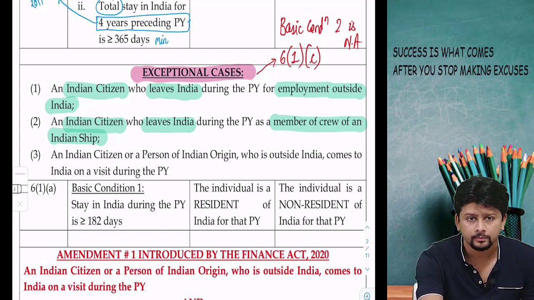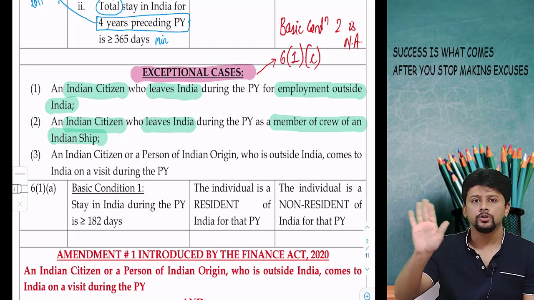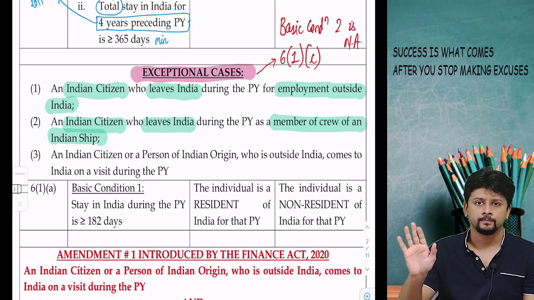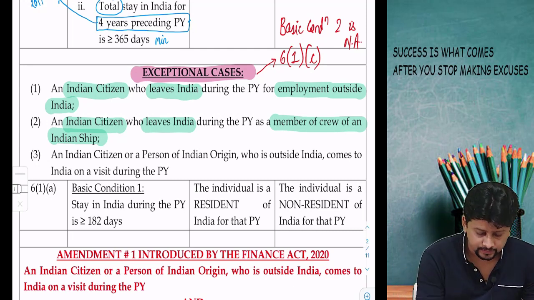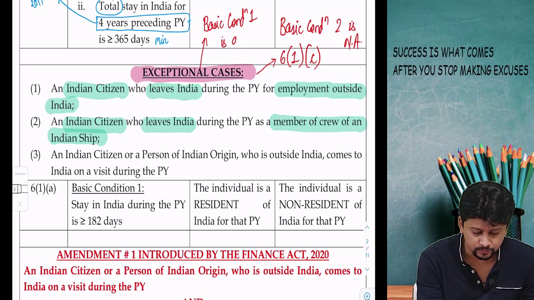You do not have to check basic condition number 2, 60 days or more in the current year and 365 or more in the preceding 4 years. You don't have to check any of this. All that you have to check is basic condition number 1. Basic condition 1 is the only condition that is applicable.